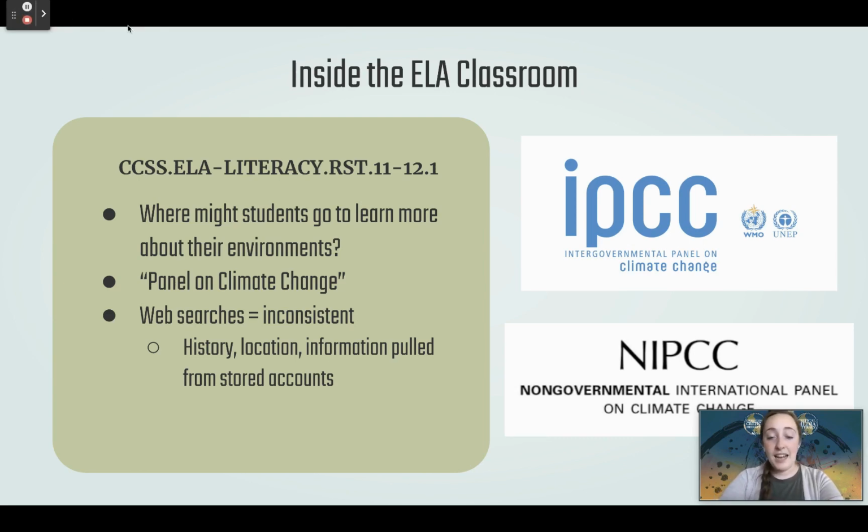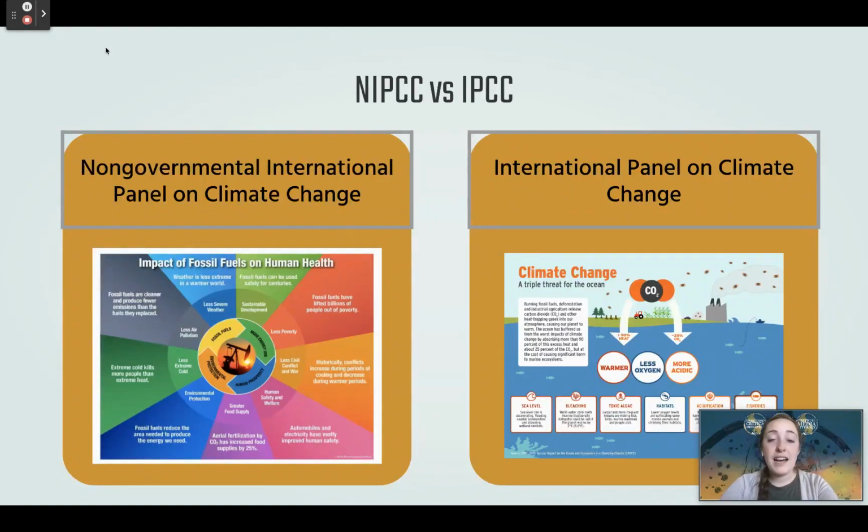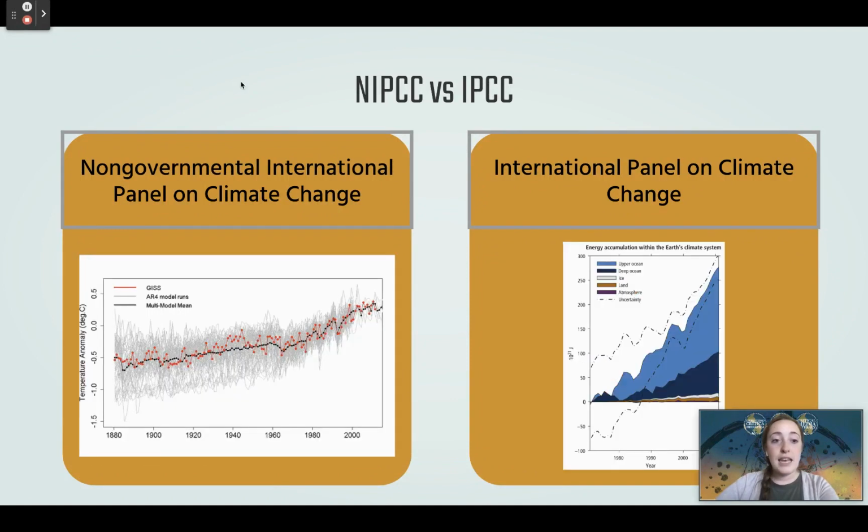This is just the beginning of students using their critical literacy skills to decipher between what is empirically backed research and what might be influenced by other sources besides empirical data. So in the ELA classroom, students might analyze graphics from the NIPCC document and the IPCC document and look for similarities and differences. They might also look at graphs from these documents and see how they compare.